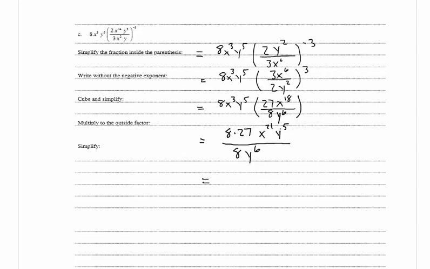And we have the quotient rule here. Y to the 5th divided by y to the 6th is going to be y to the negative 1 in the numerator, or y in the denominator. So we're going to have a y in the denominator, and we're left with 27x to the 21st in the numerator. And that's our video on putting the rules together, part 3.